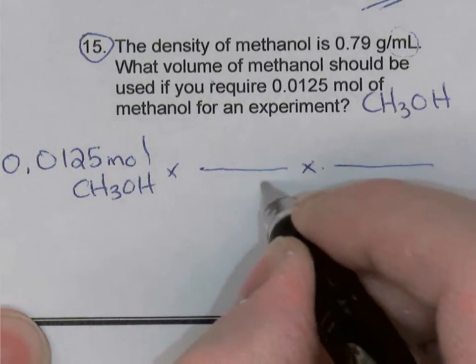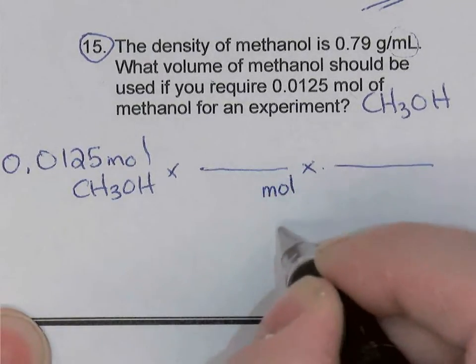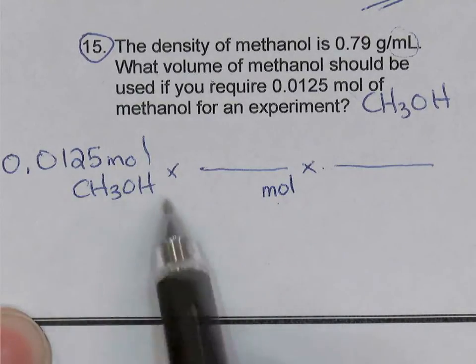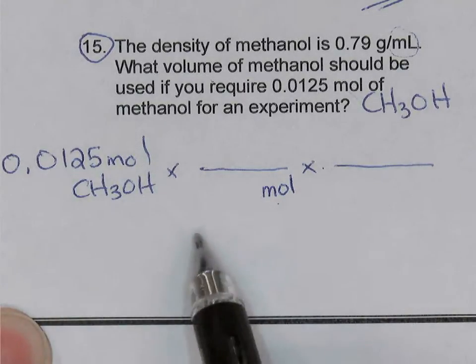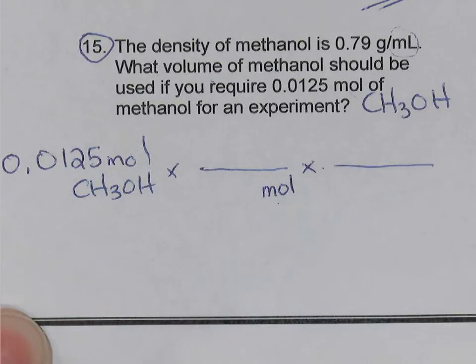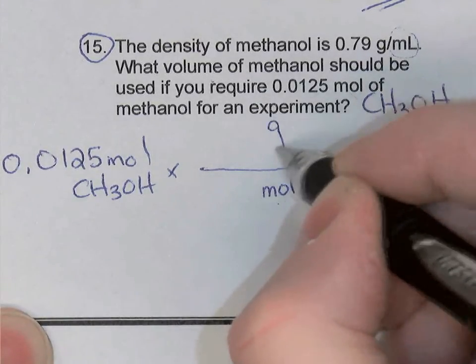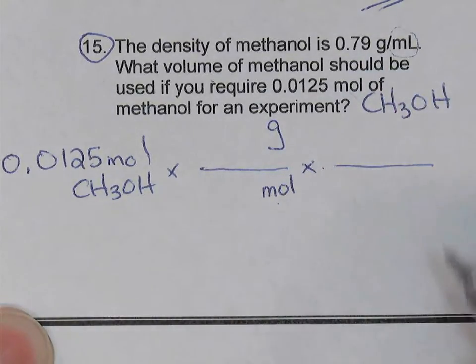So the first multiplier will convert the moles into what? Well, I suppose we could switch moles to molecules of methanol using Avogadro's number, but I hope you realize that's not going to be very helpful to find the volume. Instead, we'll convert the moles to grams of methanol, and that's a molar mass of methanol.